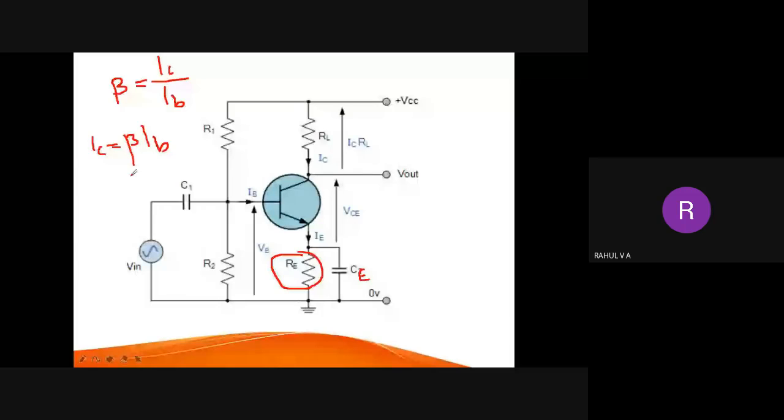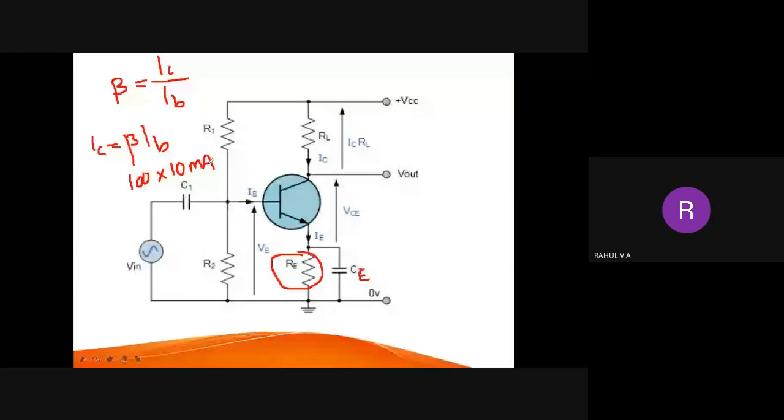That means if you give some 10 milliampere, that is 10 into 10 raised to minus 3, at the output you will be getting 1 ampere, because 10 milliampere into 100, that is 10 raised to 3 into 10 raised to minus 3, that will cancel each other. 1 ampere at the output you will be getting. So that is how it will amplify.